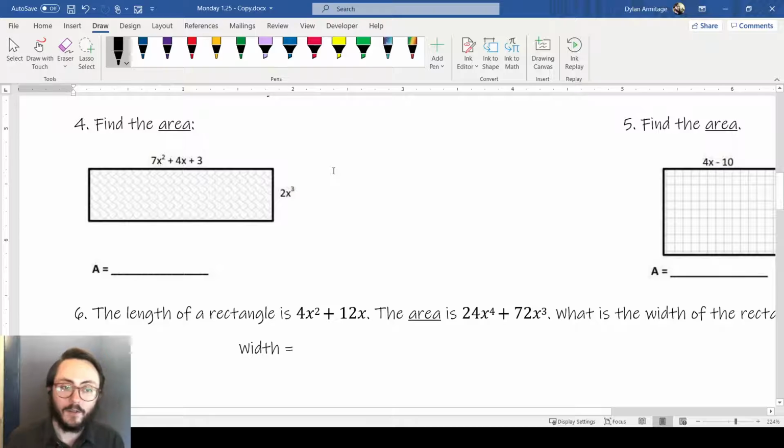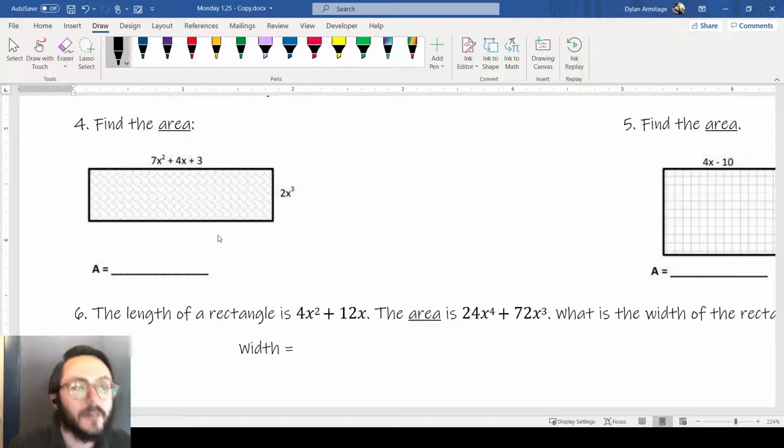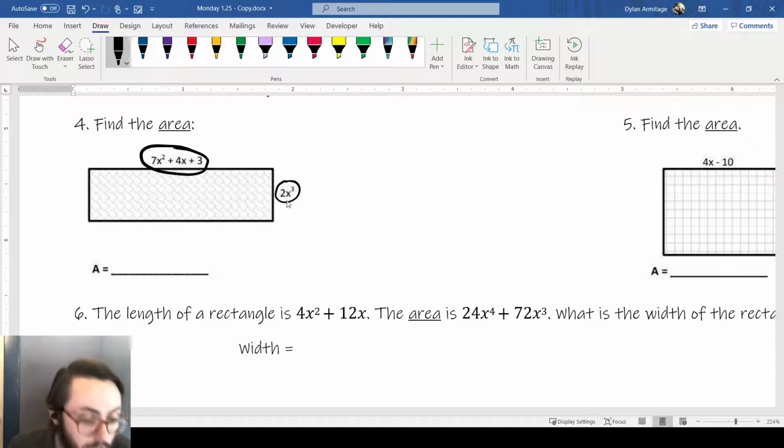So finding the area next. Remember, it's length times width. So it's this times this. So what we need to do is we can multiply it a lot of ways, but we can just multiply it straight as well. Okay? So just distribution. 2x to the third times 7x squared would be 14x to the 5th.